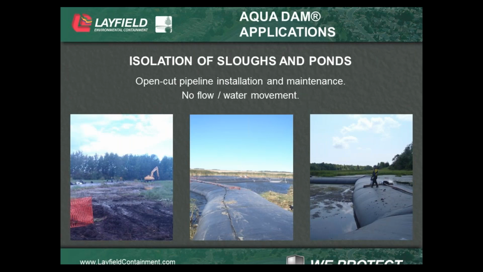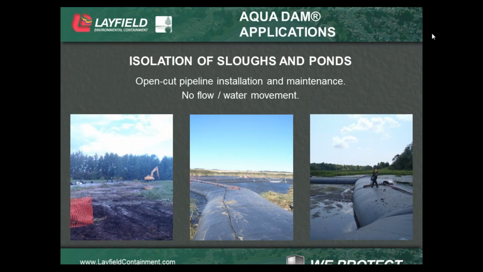Then we're going to talk about isolation of sloughs and ponds. So non-moving water applications, generally, again, open cut installation and maintenance. You've run inspection and you've determined that you've got corrosion or you've got a dent or you've got some type of work that needs to take place, either putting a sleeve on or doing some kind of sandblasting and recoating or whatever.